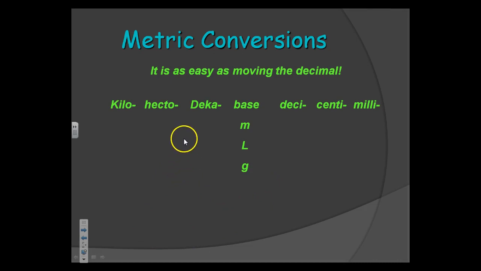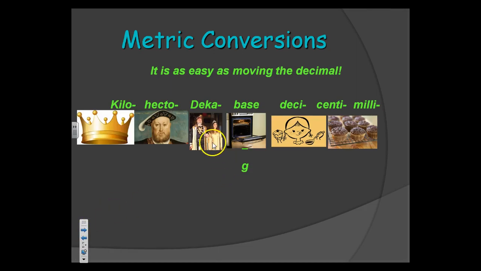And you may have learned a little mnemonic device to go along with this. The one that I learned was King Henry's daughter bakes delicious chocolate muffins. And if you can remember that, you can remember all of these. So a lot of times we can abbreviate this, and kilo we can just write K. Henry or hecto is a little h.